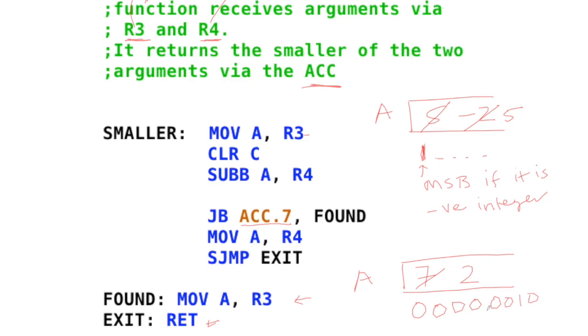This is the binary equivalent of 2, and you will find the most significant bit is a 0. Since this bit is not set, it will move on to the next instruction, which simply puts R4 into the accumulator, and we jump to exit, which returns from this program. So in both cases, it doesn't matter in which order you pass the parameters, the program correctly returns the right value, which is the smaller of the two arguments.